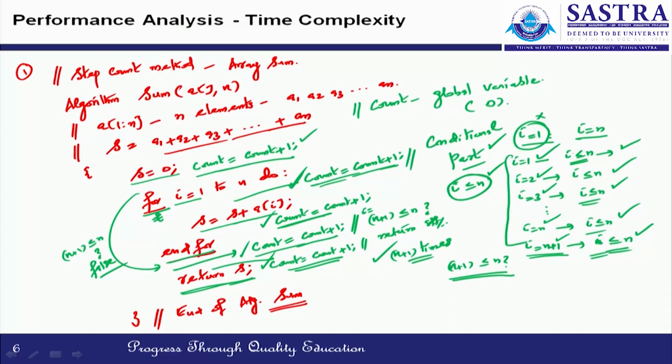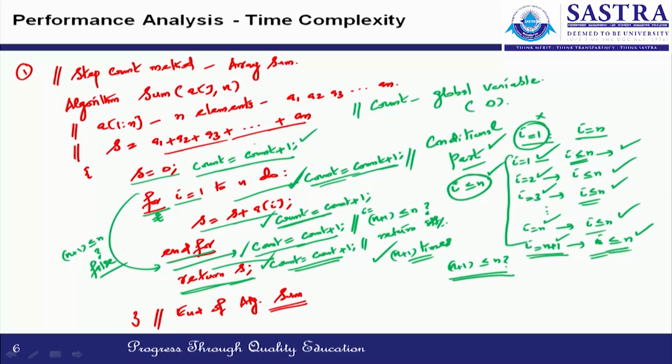Then here, after the for, we have introduced twice count is equal to count plus 1. So, these two statements can also be written as count is equal to count plus 2, and including s is equal to 0, count is equal to count plus 1.